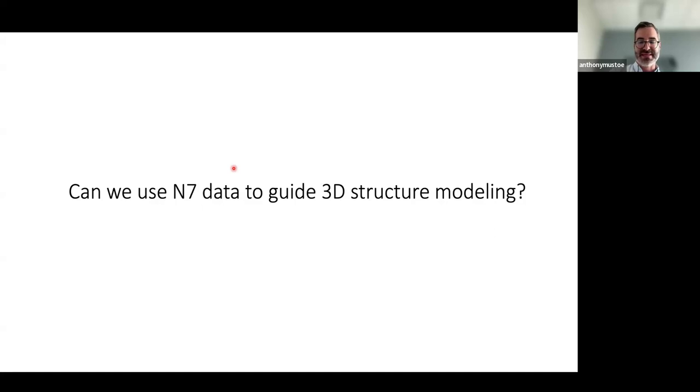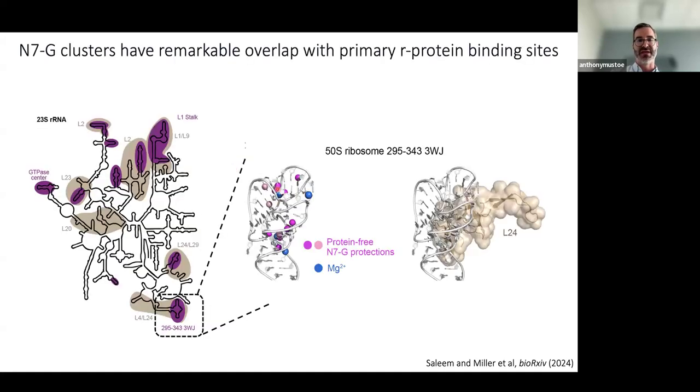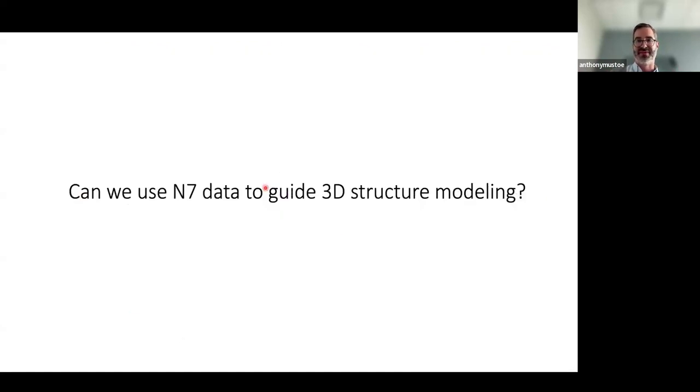Ideally, one could envision using these N7 reactivities as a solvent accessibility restraint to guide something like a diffusion model or another type of algorithm. We're really interested in that, beginning to think about and work on that, but that's a pretty significant project, we think.